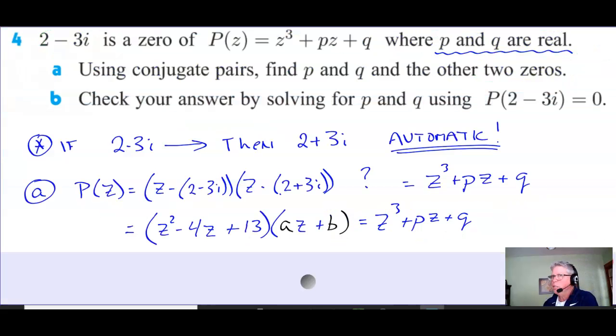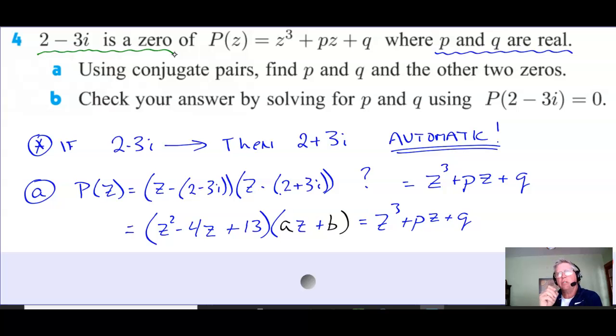All right, so I'm just going to do a bunch of examples here. You can fast forward them. It's mostly getting used to the vocabulary. So if 2 minus 3i is a zero, I stop in my brain. I say, oh, 2 plus 3i is a root. That's automatic. So we have this crazy looking cubic. I know there's no z squared.